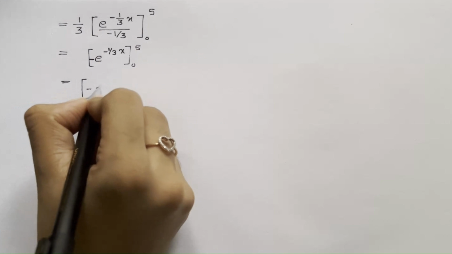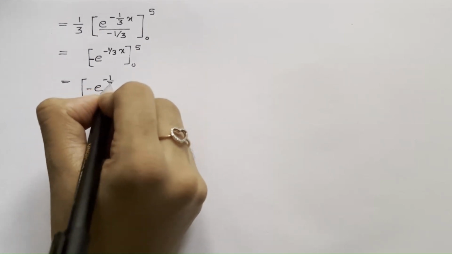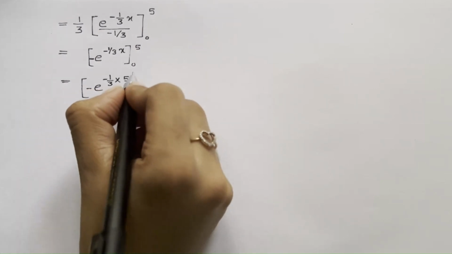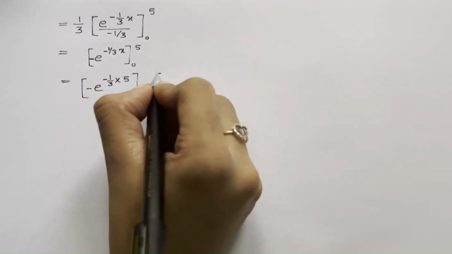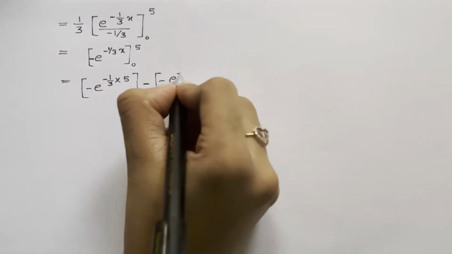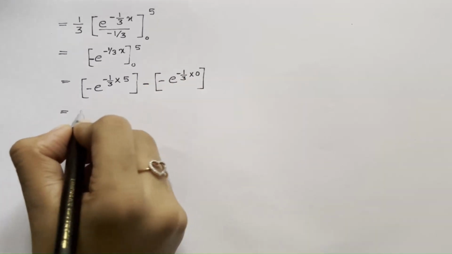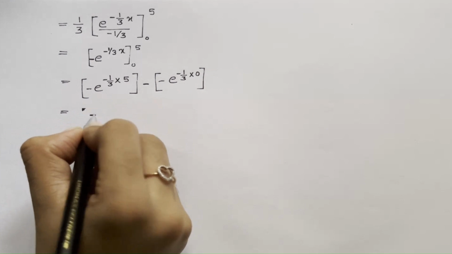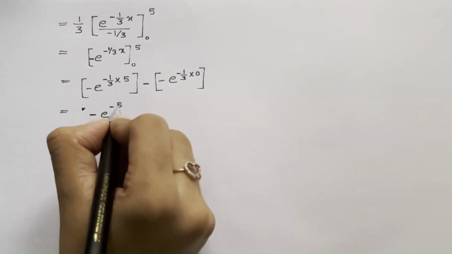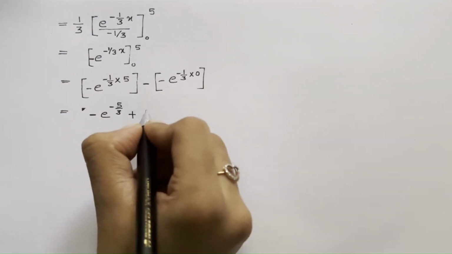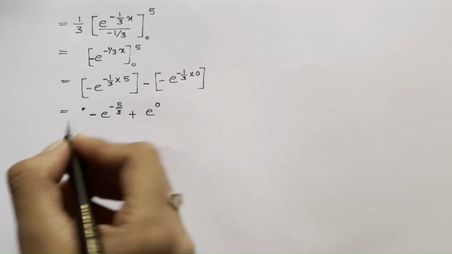Then we put the upper limit and lower limit into the equation, upper limit minus lower limit, equal to minus e raised to minus 5 by 3 plus e raised to 0.